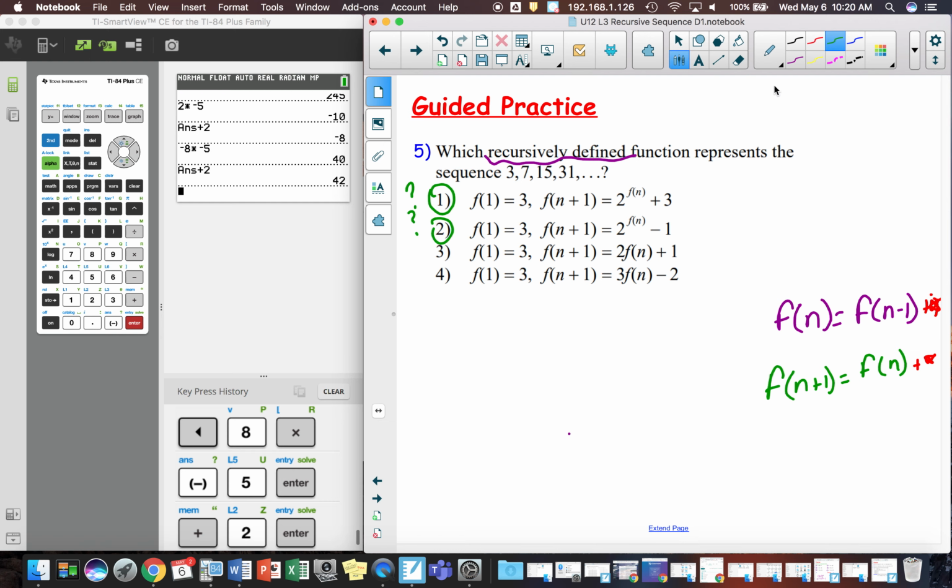Okay, so we're going to work on this as normal. So for the first one here, it says f of n plus 1, all that stuff. I'm going to actually rewrite this just so I'm more familiar with it. I can rewrite this as f of n equals 2 f of n minus 1 plus 1.